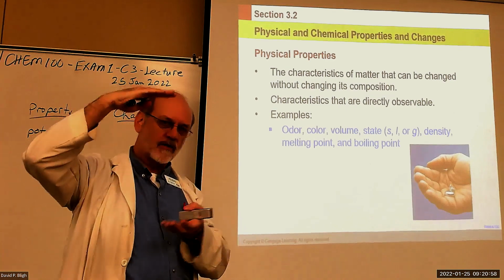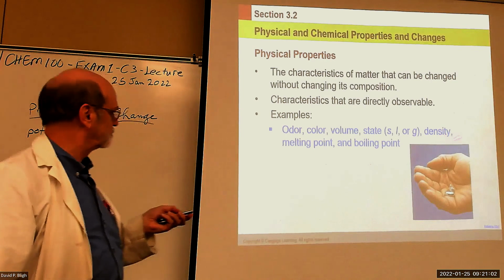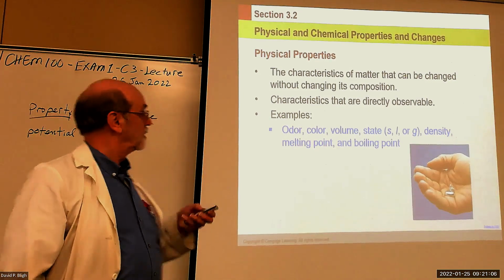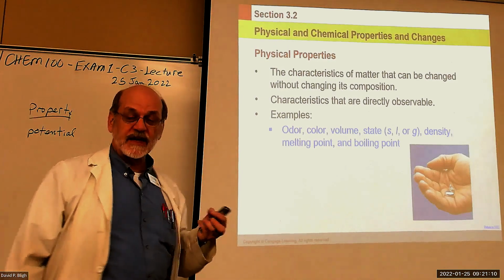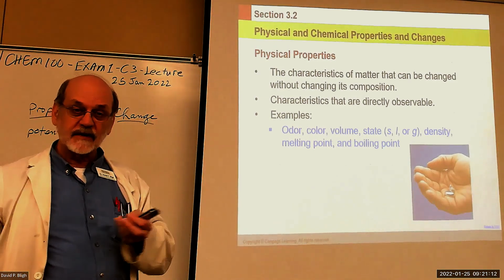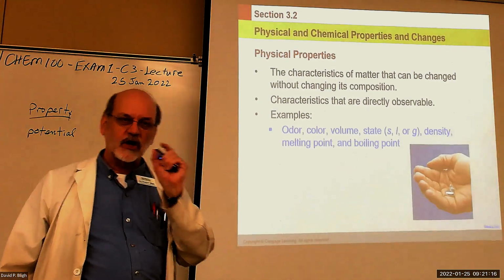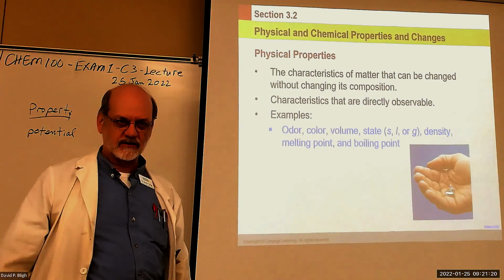But the ratio of the mass to the volume will always be the same. That's density. Melting points and boiling points, those are physical properties. Now, we're not saying that you actually melt something or boil something, but you know at what temperature it occurs. And it has a potential to change.